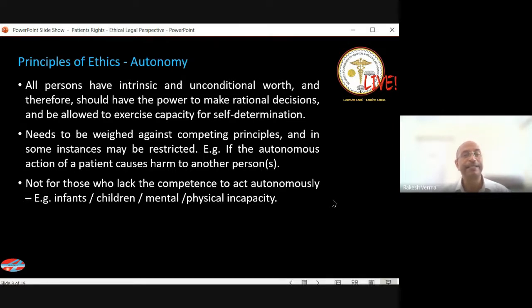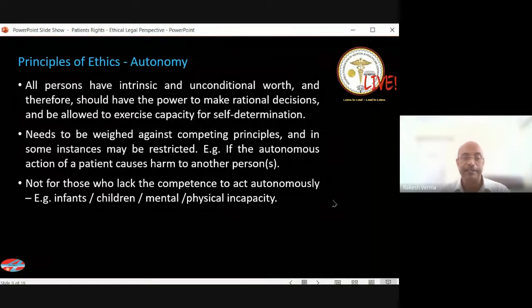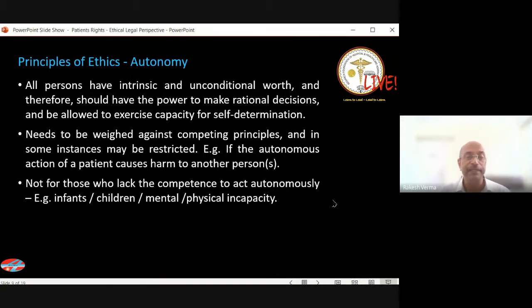Now, of course, this autonomy principle does not apply to those who lack the competence to act autonomously. And therefore, whenever you take consent with respect to a child, or a person who is mentally or physically challenged because of the effects of medications or whatever else can be the reason, then that patient is considered incapacitated in terms of the ability to take an autonomous decision, and therefore the consent is obtained from another person.